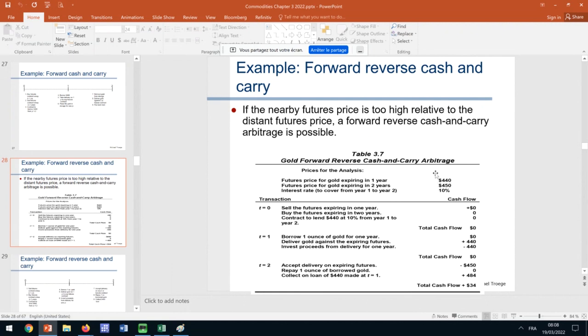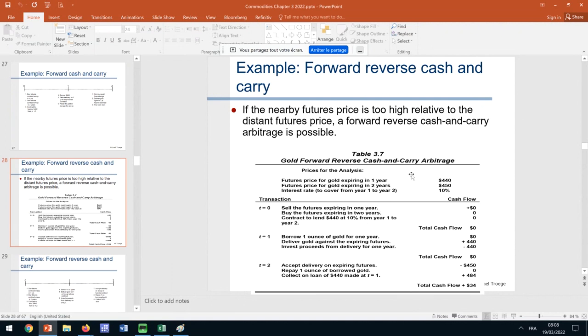So it's the reverse operation from what we did before. We buy the futures price for gold expiring in 1 year, and we sell the futures price for gold expiring in 2 years. No, the opposite.